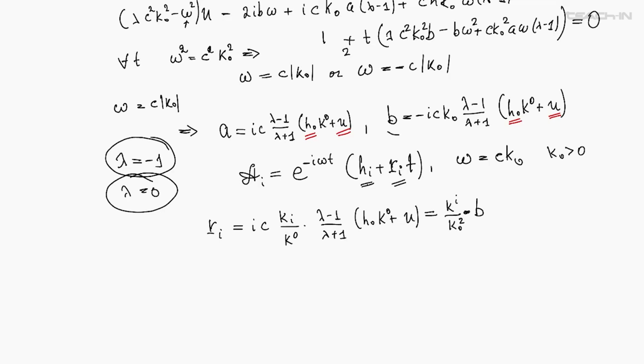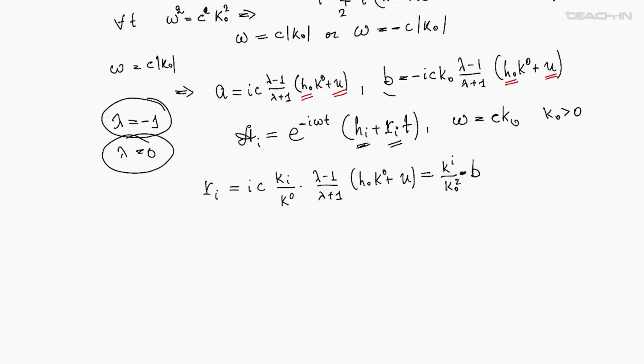And finally, this solution for A_i, where h_i constants remain to be undetermined and r_i are determined, must satisfy the compatibility condition, because as you remember, we have introduced χ to be k_i A_i. And so this χ is e^{-iωt}, and I take my ansatz and multiply it with k_i, so I get h_i k_i plus k_i r_i t, like this.